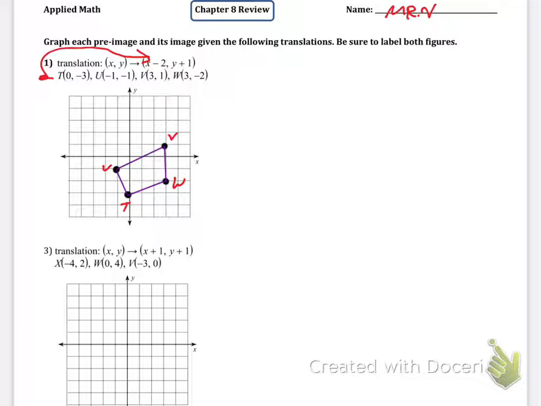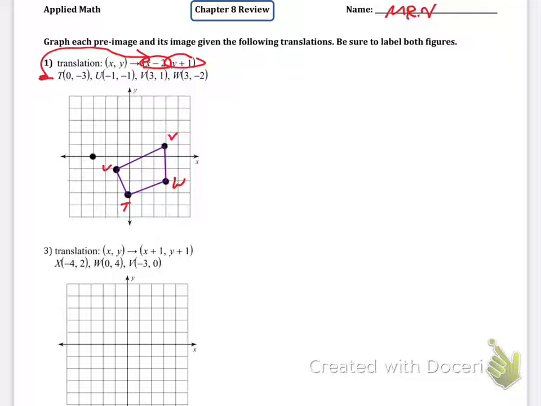This is what the pre-image would look like, and then what we have to do is it's going to be x minus 2, y plus 1. So each one of these points, we're going to go on the x, like left or right, it's going to be minus 2, and then the y is going to be plus 1. So for U right here, I'm going to go to the left 2, and then it says I got to go up 1.